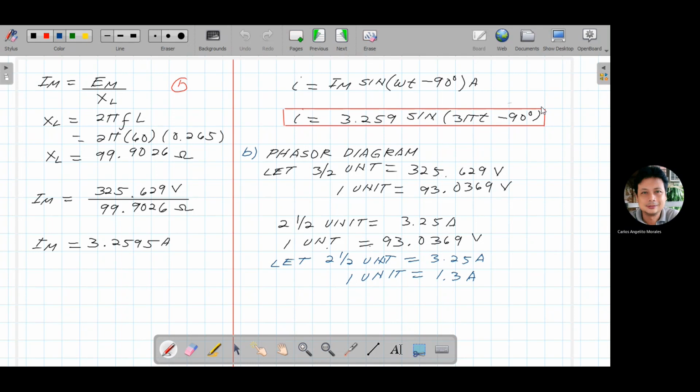So, we have 325 and kunin natin to. Okay.